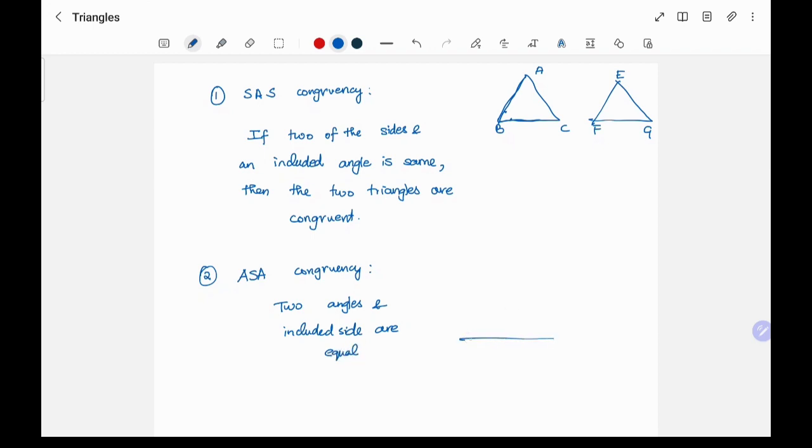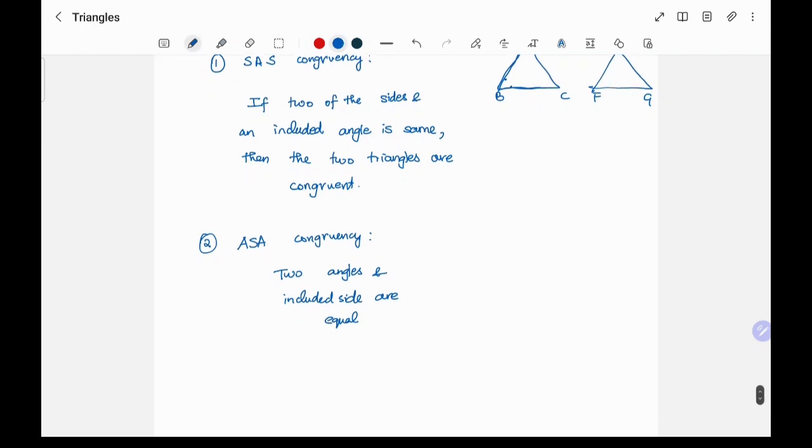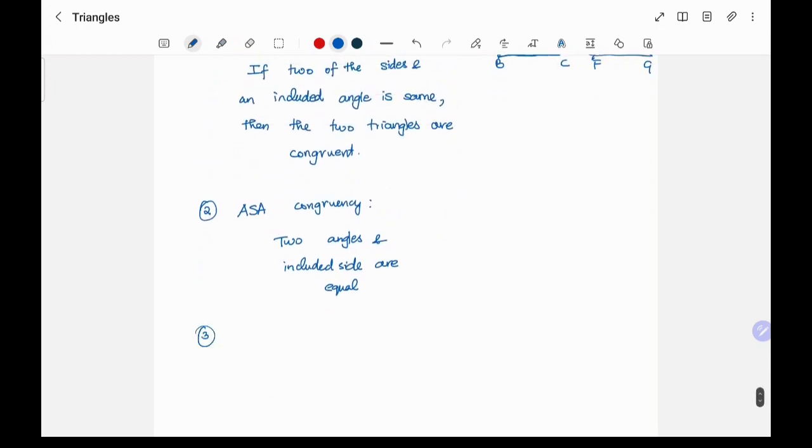If you have two angles, one angle here and with respect to this included side, then automatically the meeting point is also defined, and the other two sides and the other angle are also defined. So it is sufficient to say two angles and the included side are equal for the two triangles to be congruent.